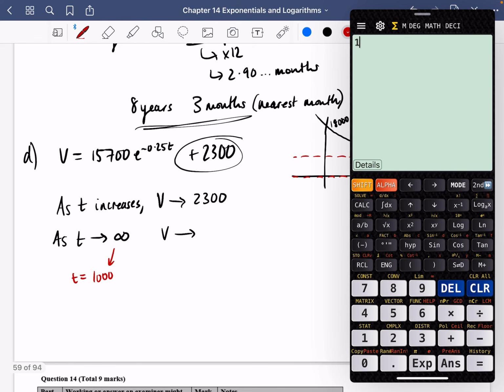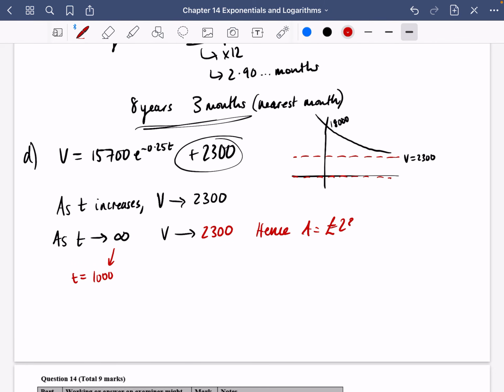So if I put it on my calculator, if I do 15,700 and I multiply it by e to the power of minus 0.25 and I times it by 1,000, and then I'm going to add to this number the 2,300, you can see that it's going to get very close to 2,300. So as t becomes a really big number, v is going to go to 2,300. Hence, the value of the car that it tends towards is going to be £2,300.